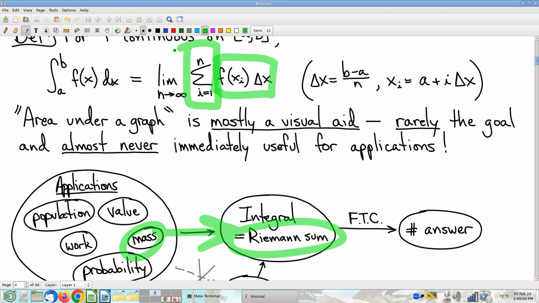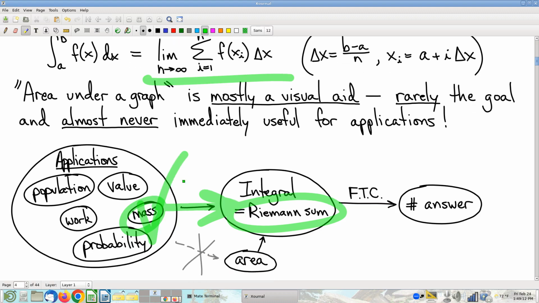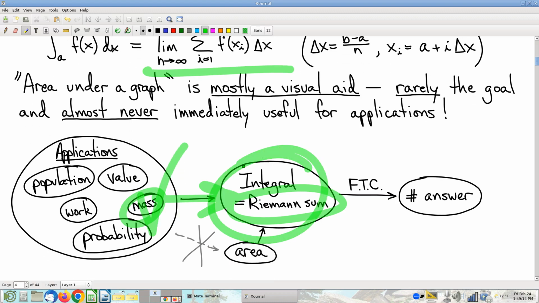And there you go. That's an immediate use of this formula to compute mass. So it's very important that integrals be defined accordingly, so that when we use the fundamental theorem of calculus to compute an integral, that integral can actually represent some sort of application: mass, population, probability, what have you, any number of different applications.